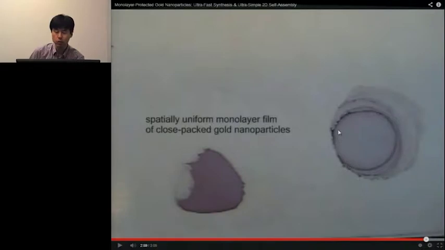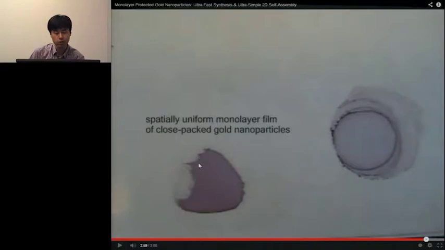As the drops get smaller and smaller while drying, we do not have many nanoparticles left in the middle. So in the middle, the color of the stain is much lighter than that of the outside. This means this kind of film is not a uniform monolayer.